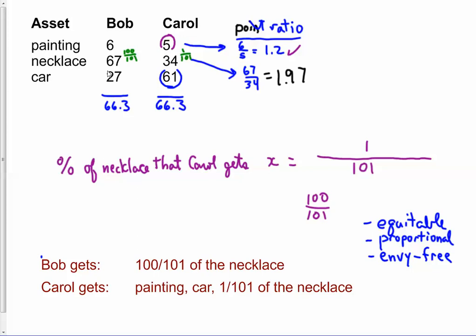So he thinks he's getting more than her, so he's not envious of her. He would not want to switch with her. And the same with Carol. She thinks she's getting 66.3% of the stuff, and she thinks Bob is getting 33.7% of the stuff. So neither of them would switch with the other person. So it's envy-free. And this one is harder to see for sure, but it is Pareto optimal.